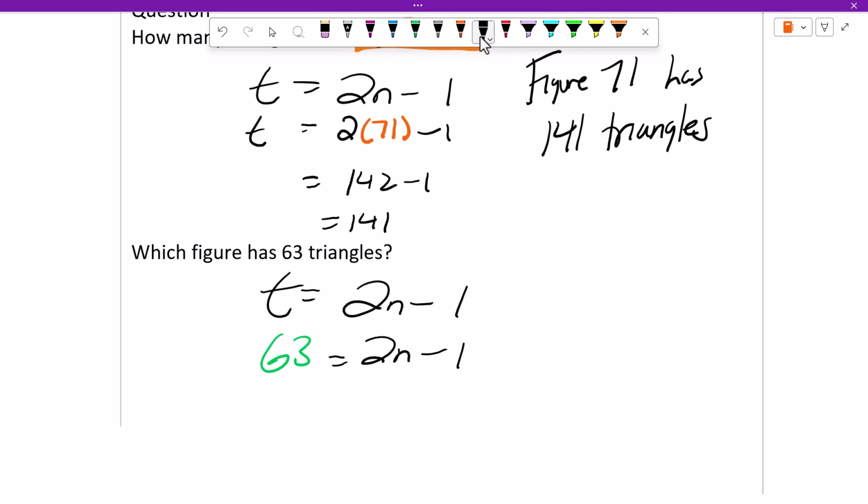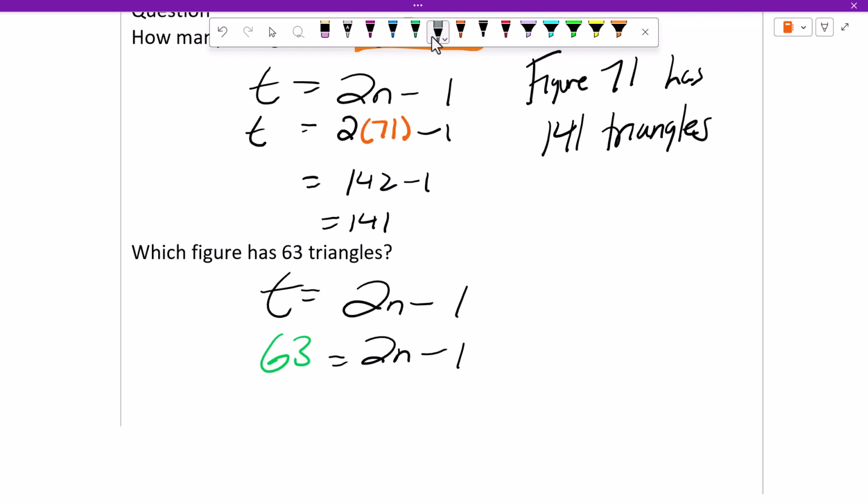What's the value of n? Remember, add and subtract first, then multiply and divide. Get rid of the 1, then get rid of the 2. Right? Can you do it in your head? I'm hoping you can do this in your head. 32. Add 1 to both sides, gives 64. Divide by 2, half of 64, 32.